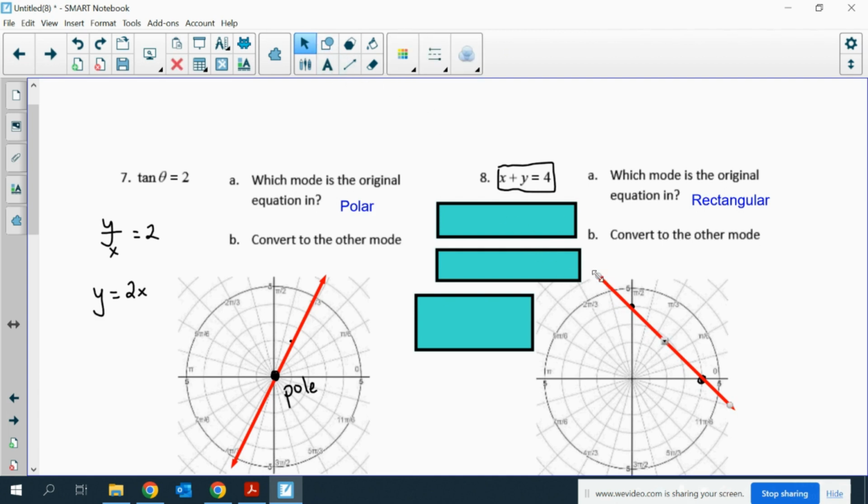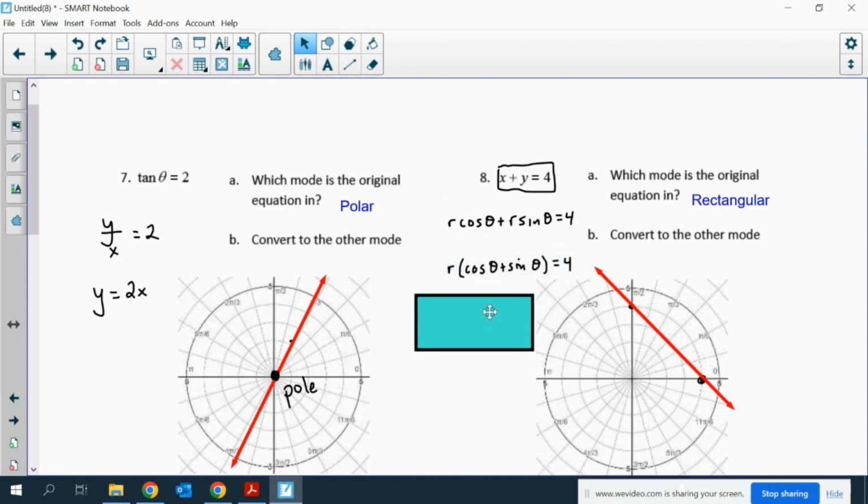The issue then is, how do I figure out what this is in polar coordinates? You replace x and y with r cosine theta and r sine theta. So you can either write it like this, or you can solve for r by factoring the r out and then dividing. So this is typically how you will see this line.